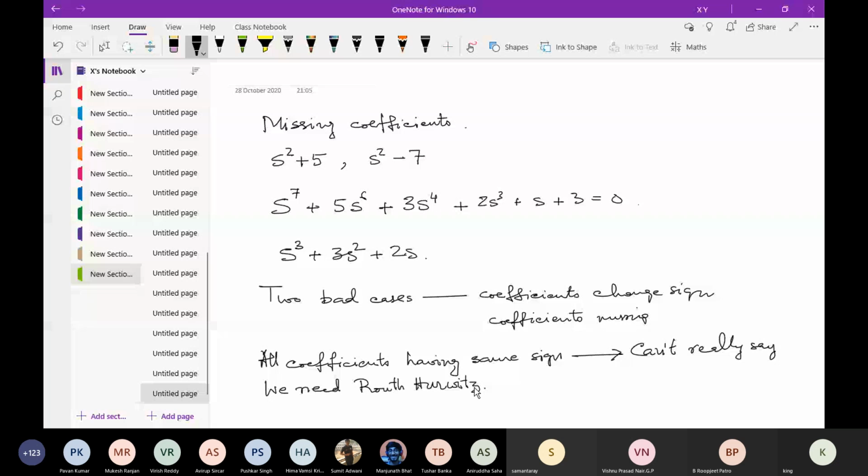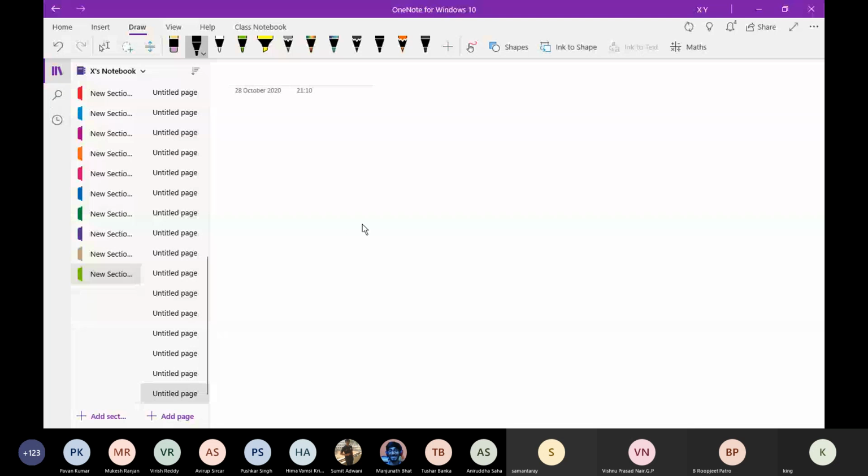So let me just explain this criteria. It will remind you a little bit of cross multiplication, but it's a special kind of cross multiplication. Let me take a polynomial.